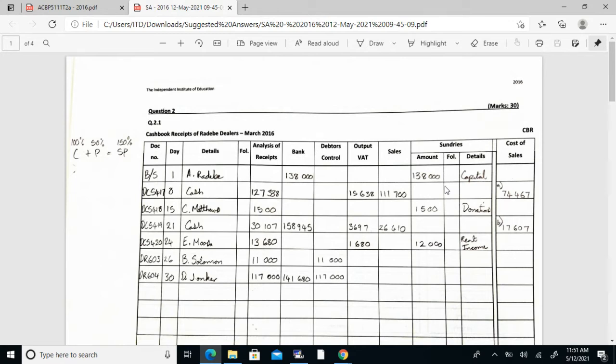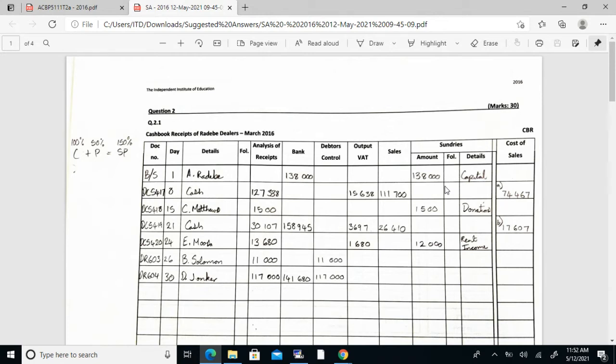Receive the donation from C. Matthews. Where is that going? CRJ, yes. And again, you can just use your source to verify. Duplicate cash slip, you know this is cash receipt journal. Credit sale of trading inventory. Where is that going? DJ, debtors journal.